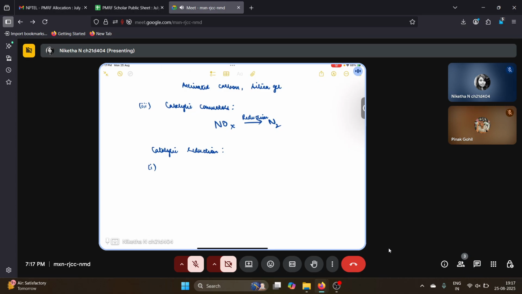Catalytic reduction can be of two types. The first one is selective, meaning it only reacts with one kind of reactant. It will only catalyze one kind of reaction, so it will only catalyze NO to nitrogen gas.